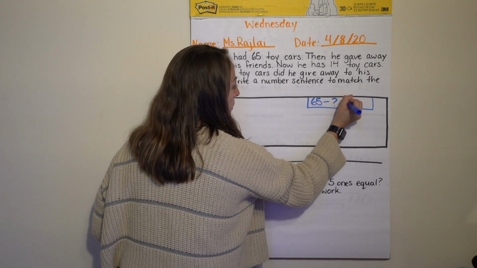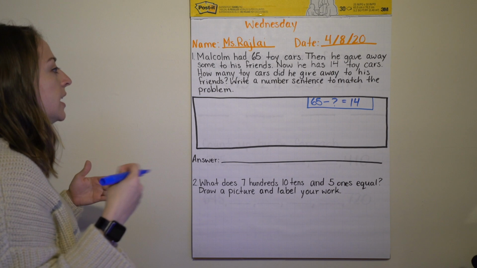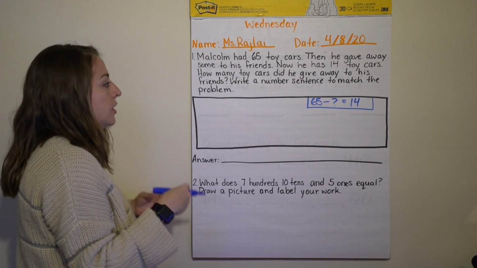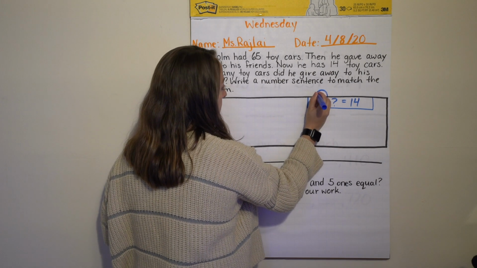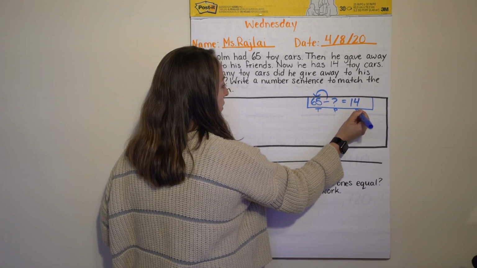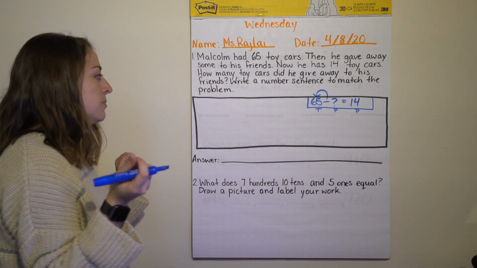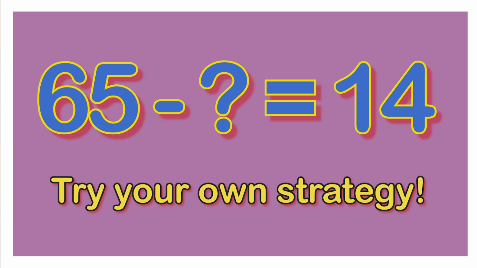So I'm going to put equals 14. You're going to label your total and your parts. Your total always goes before the minus sign. And these are the parts. So we're actually missing a part. So right now you're going to figure out how you're going to find your missing part.